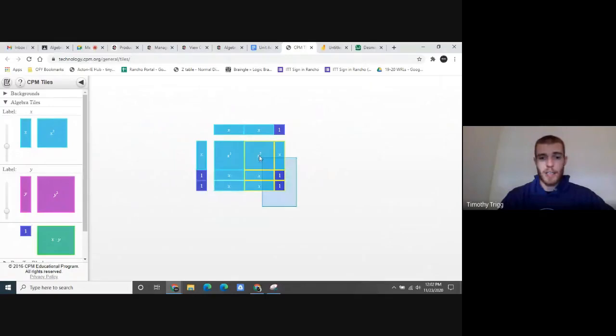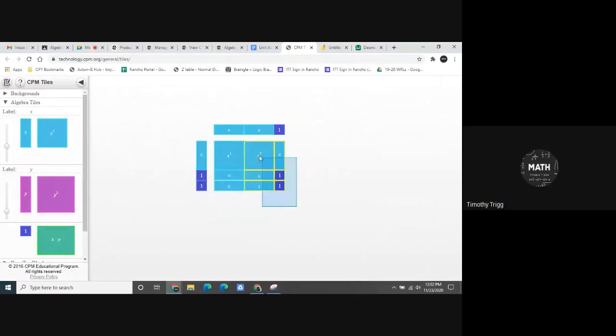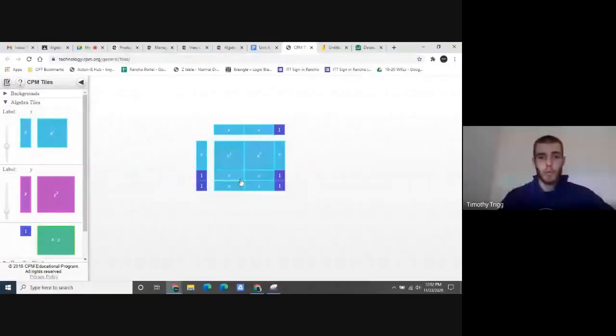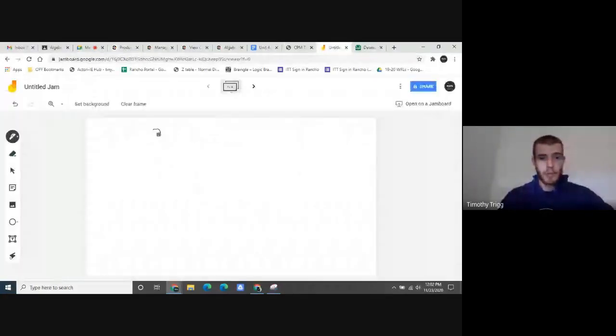So what 2 things multiply to give us this? In other words, what 2 things multiply to give us 2x squared plus 5x's plus 2? Well, it would be 2x plus 1 times x plus 2. In parentheses, x plus 2.